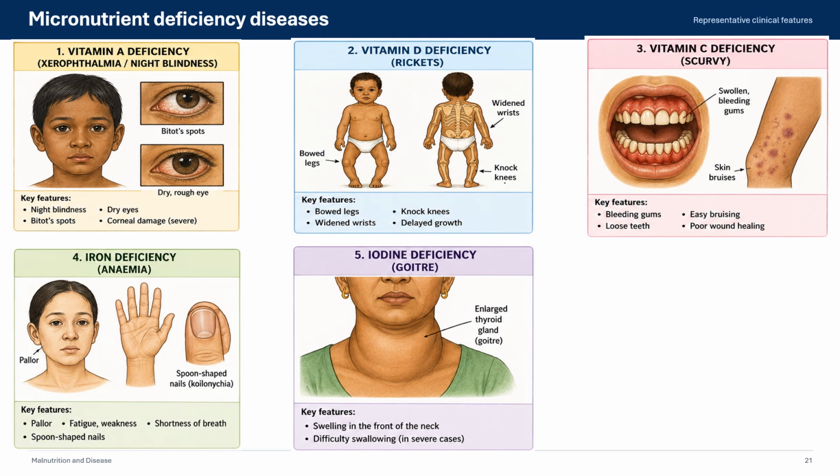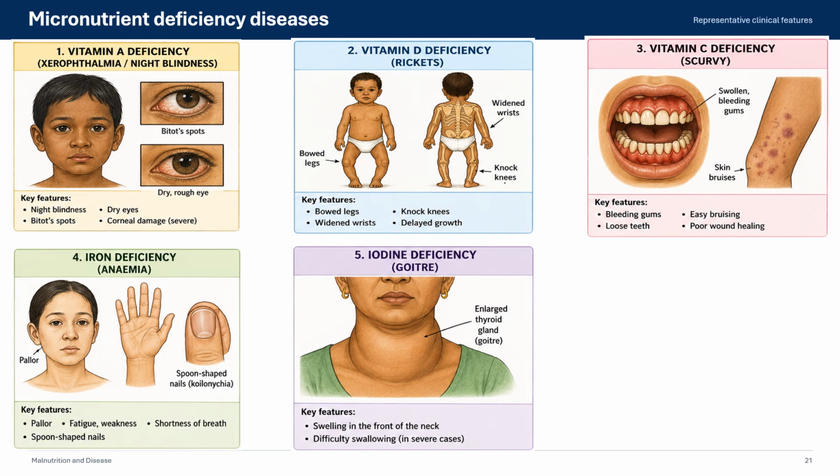Therefore, its deficiency leads to goiter and other iodine deficiency disorders that may lead to enlargement of the thyroid gland, impaired growth, reduced cognitive development, and mental impairment, especially in children.